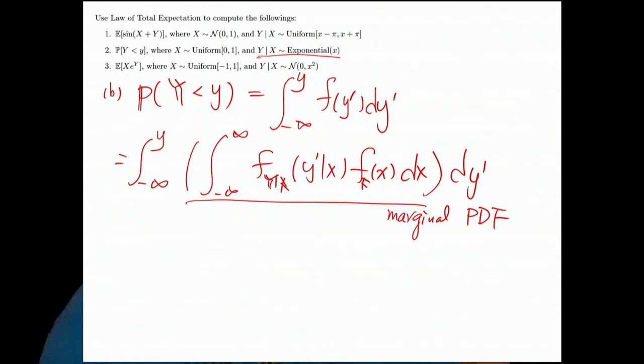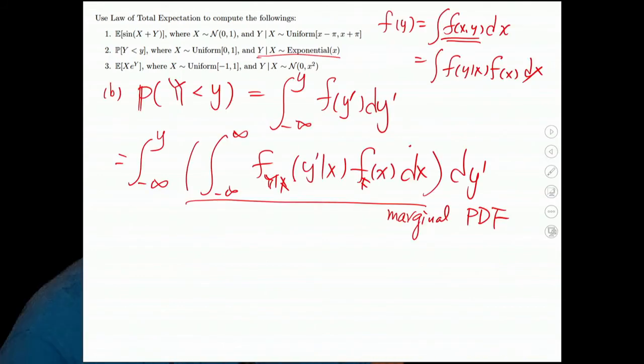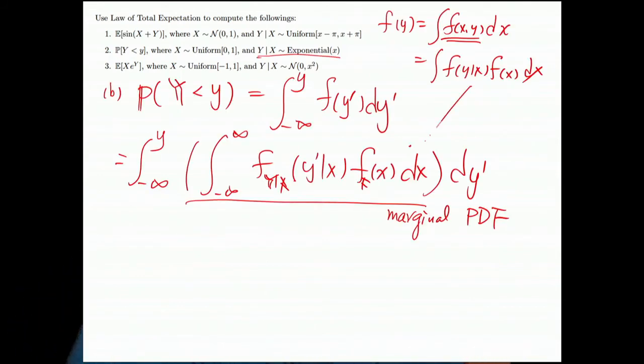If I would like to make it clear, f y marginal PDF is the integral of f xy dx, and this f xy could be f y given x, f x, dx. So that's why we have this. It's also the marginal PDF.